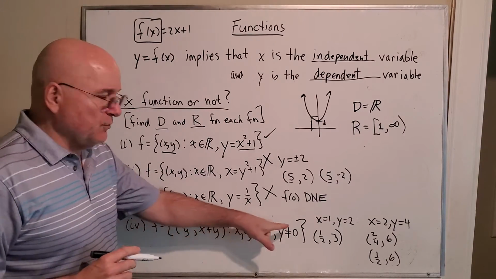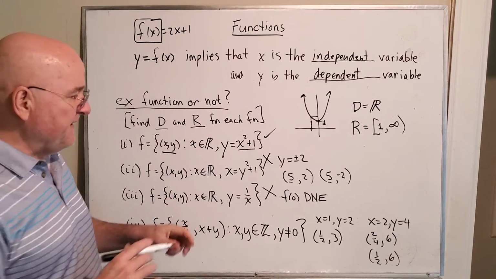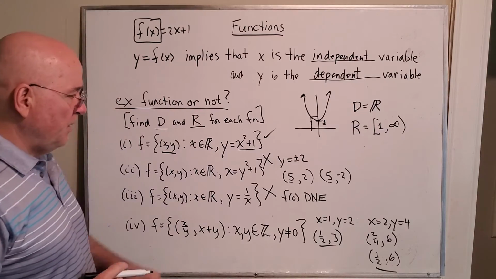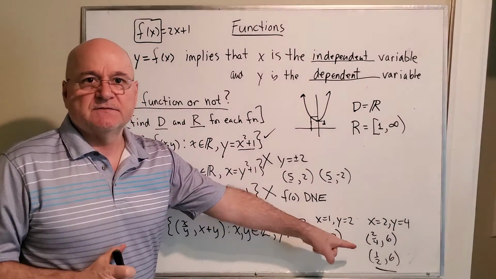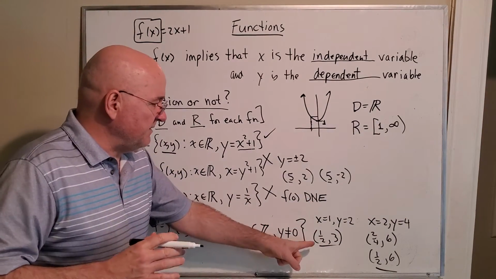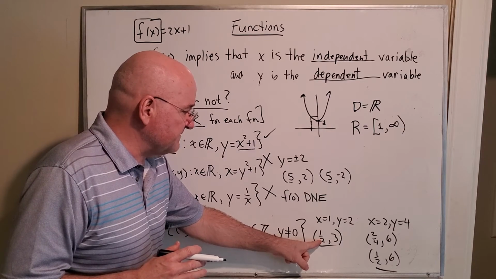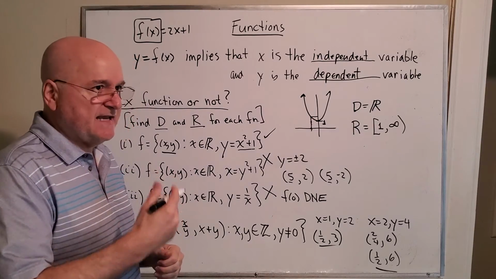So if it were a function, this case wouldn't happen. We found two ordered pairs represented here, 1/2, comma 3, and 1/2, comma 6. Those contradict being a function because the first value, the x value of 1/2, gives two values when you take f of that.